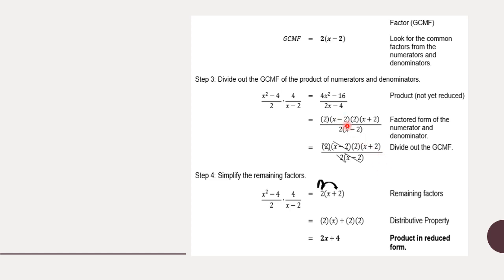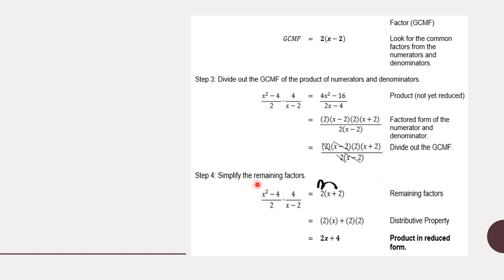They both have it; it is their greatest common monomial factor of numerator and denominator, so you just cancel it out. 2 divided by 2 is 1, cancel it out. x minus 2 divided by x minus 2, cancel it out. The remaining factor is 2 times x plus 2.